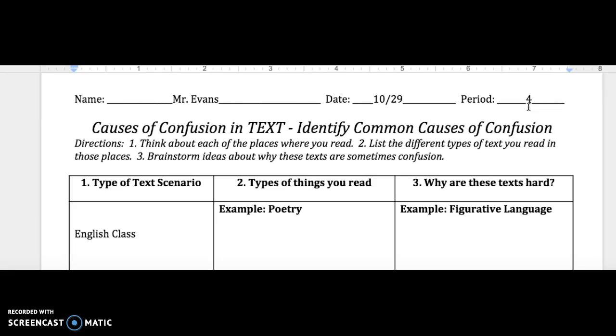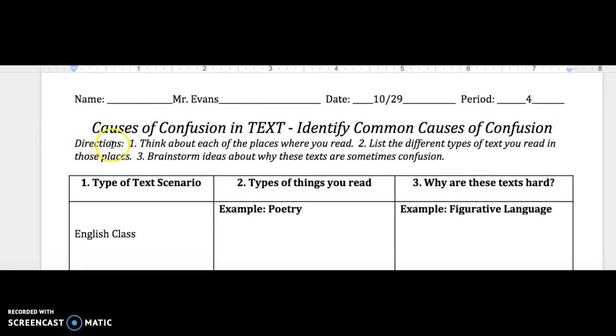So completing this is a lot easier than the earlier handout about causes of confusion, because this isn't so much about the relationship between signs of confusion, causes of confusion, and fix-up strategies. This is more about just brainstorming about times that people could be confused when they're reading.